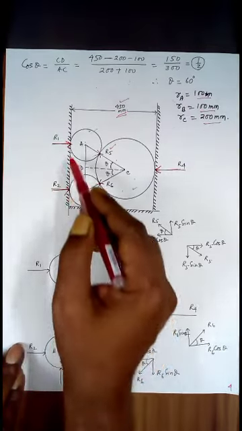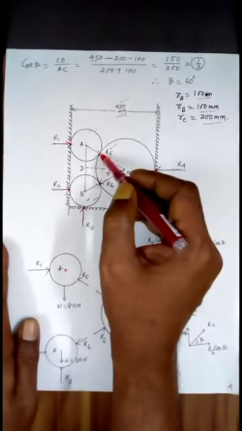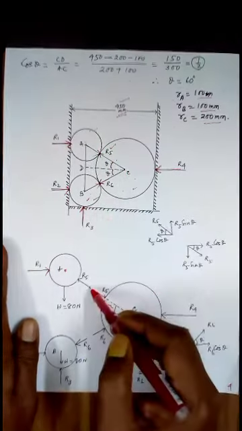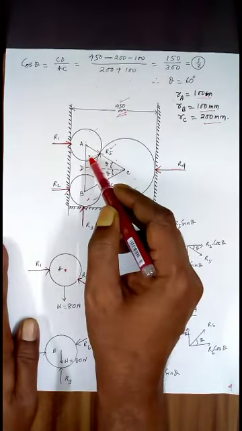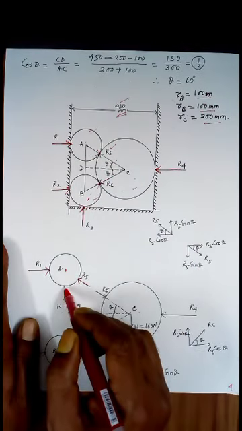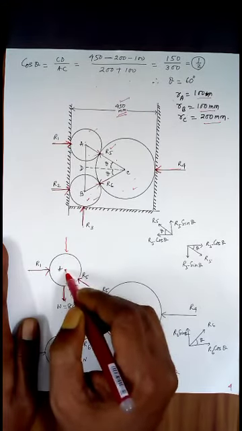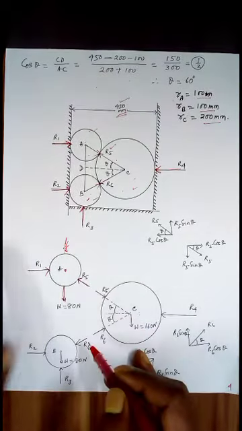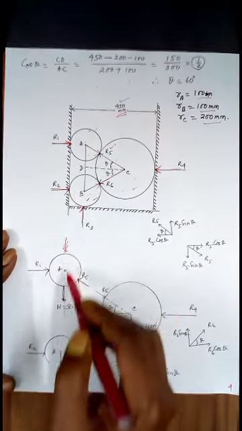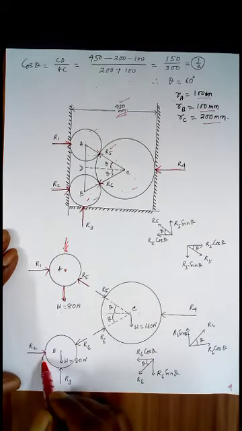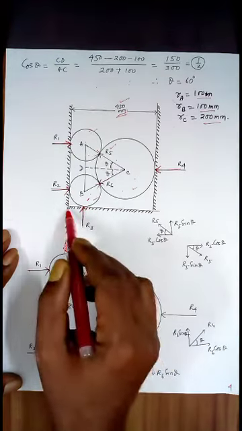Now look, I take this out from here to here. The center of this, this point is the same thing as this, so this is the reaction R1, and this point is R5. R5 is this, and this is the center, and its weight is given as 80 Newton. So its weight is vertically downward. You can draw it here, no problem. Then I take this out and keep it here. This point is the same thing as this, reaction force R2 given by the wall. This point is the same thing as this, reaction force R3 given by this surface.